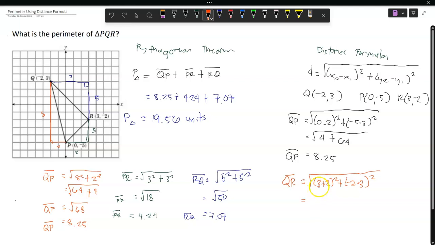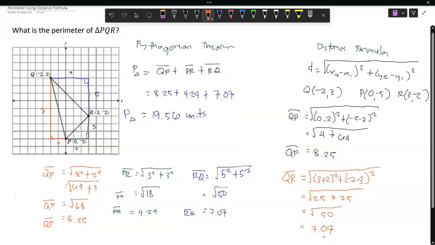This gives me 5 squared, that is 25, plus negative 2 minus 3, that's negative 5 squared, that is 25. I know this is square root of 50, and that is just equal to 7.07.